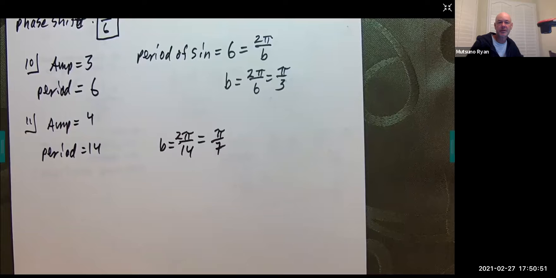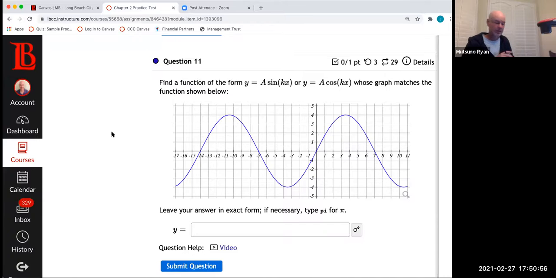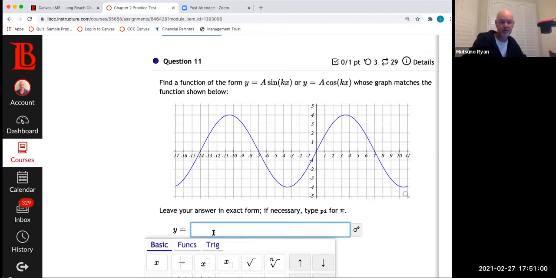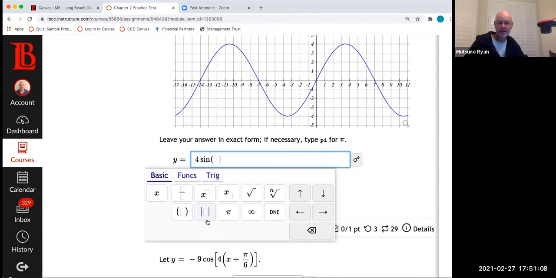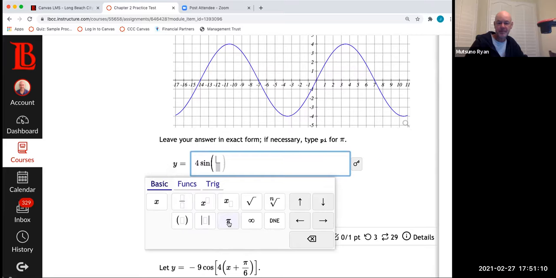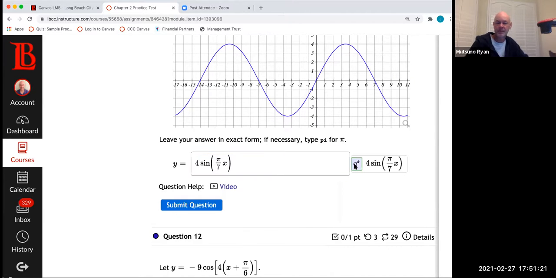So going back to my problem, it looks like I'm going to be typing in 4 sine, let's do a fraction, pi over 7 x, close. There it is.